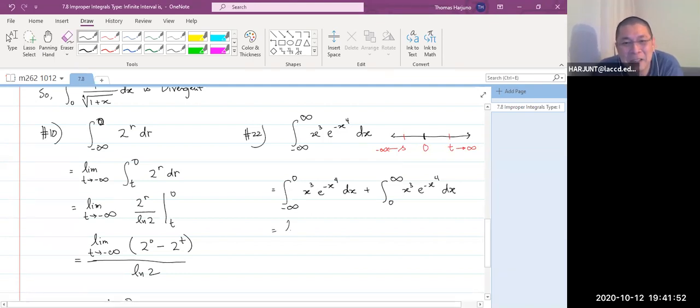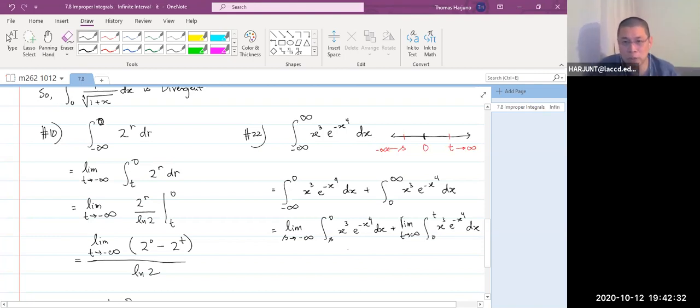Okay, now then this is a limit. On the one on the left, I will use s going to negative infinity, integral from s to 0. Make sure it doesn't look like 5, though. x cubed e to the negative x to the fourth dx, plus limit t goes to infinity, integral from 0 to t, x cubed e to the negative x to the fourth dx.